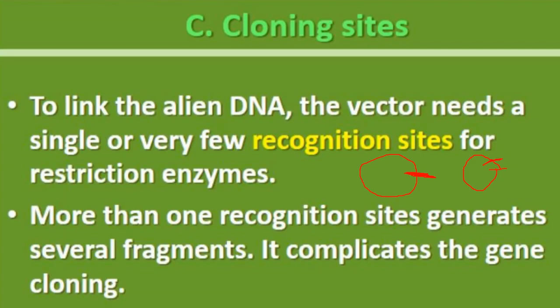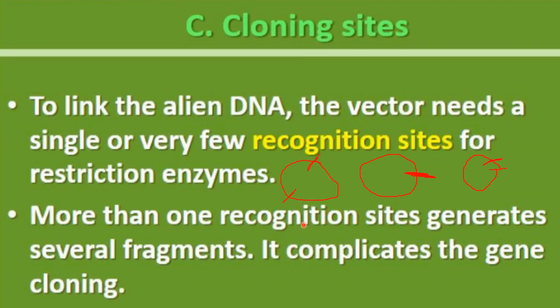Now if there are more than one recognition sites, then what will happen? Like one recognition site is here and another is present here, then more than one fragment of DNA will be produced. EcoR1 will cut this vector DNA from both these sides, and more than one fragment, it can be two, or based on the recognition sites it can be more.